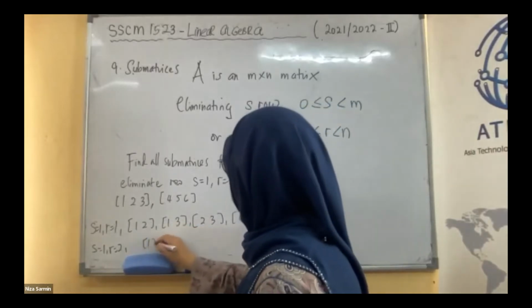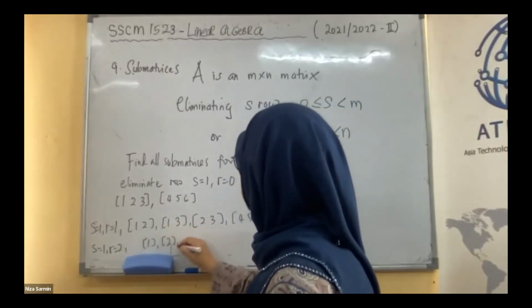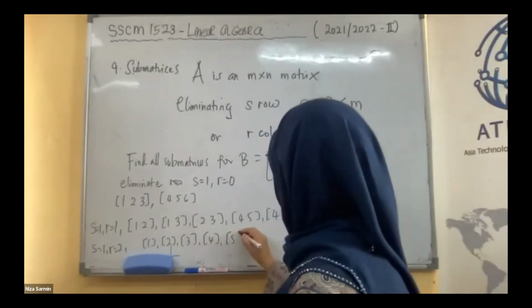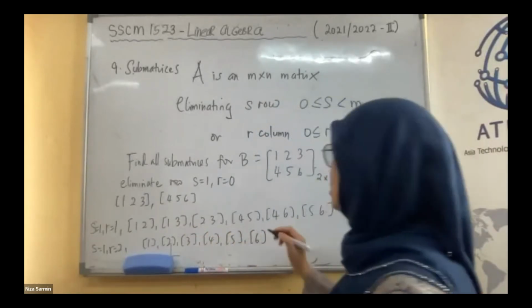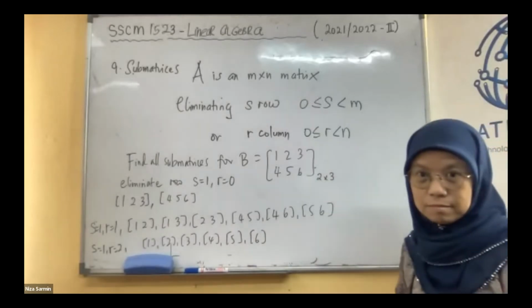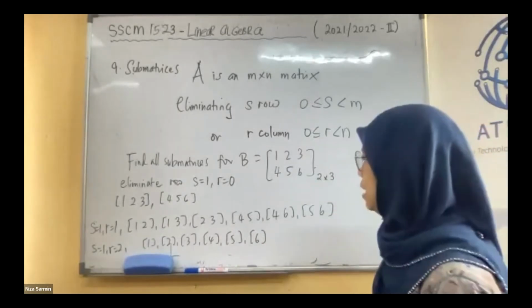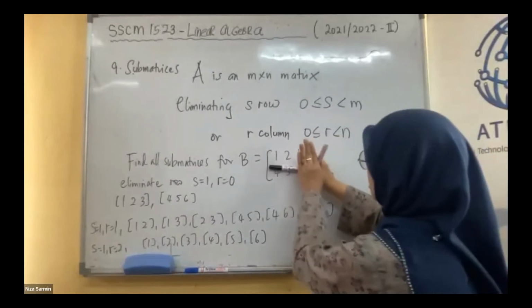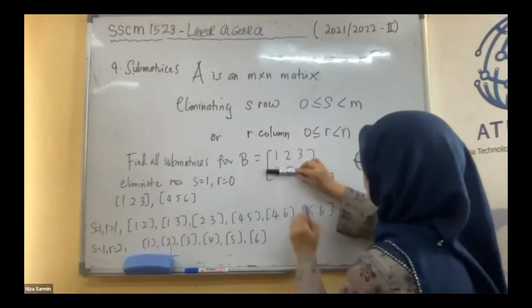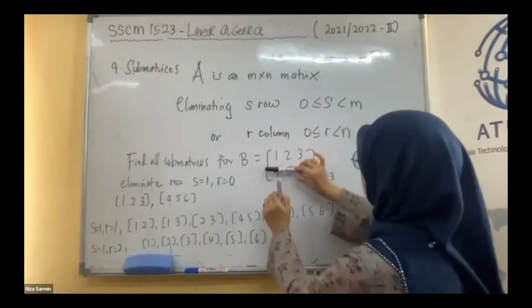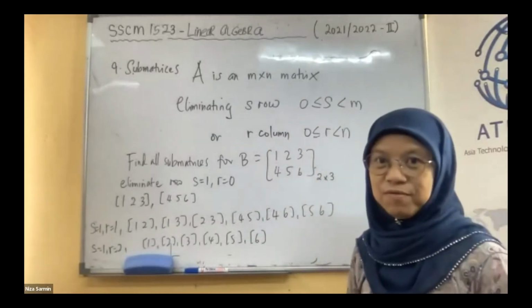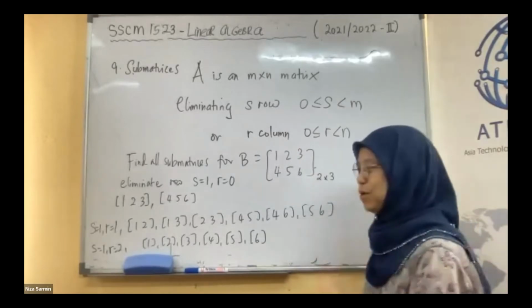I have 1, 2, 3, 4, 5, 6. This is actually by eliminating 1 row and 2 columns, 1 row and 2 columns, like this. But whatever is left is the 1 by 1.